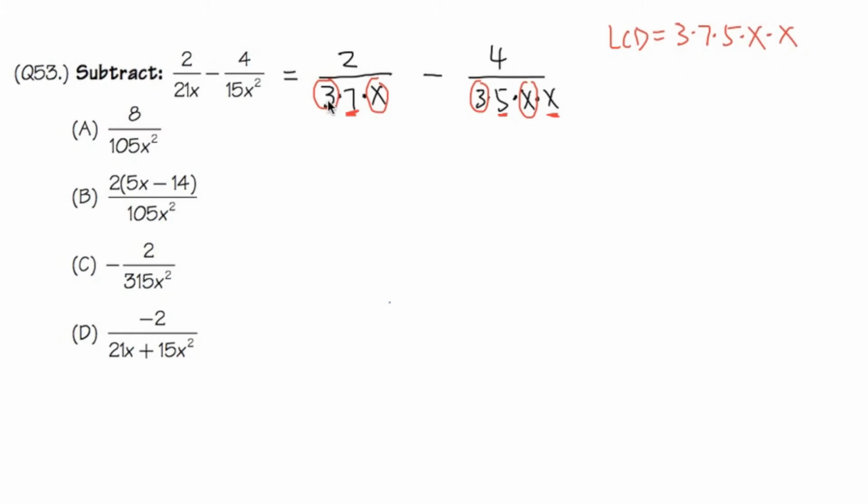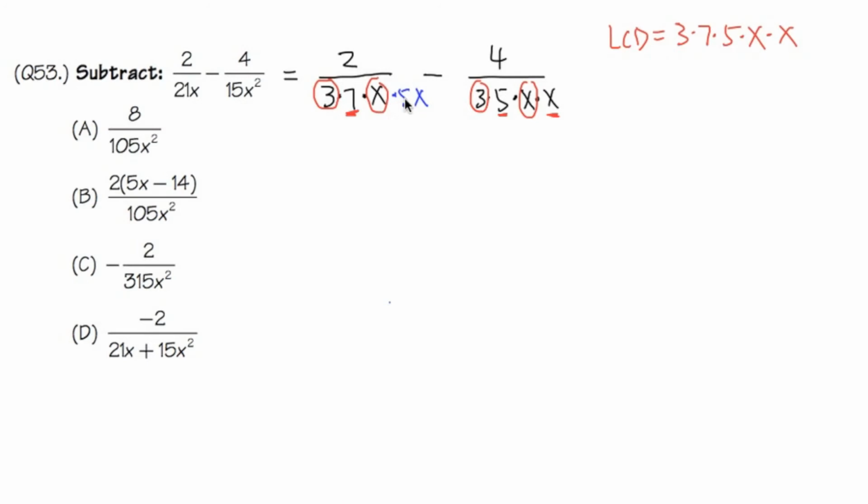For the first one, we have 3 times 7 times x. What do we need? Let's see. We have the 3 right here, we have the 7 right here, but I need a 5, right? So I will need to multiply by 5 right here. I only have one x, but the lowest common denominator says I will need to have 2 x's. So I will need to multiply by another x. So you see 3, 7, and then the 5, and then 2 of the x.